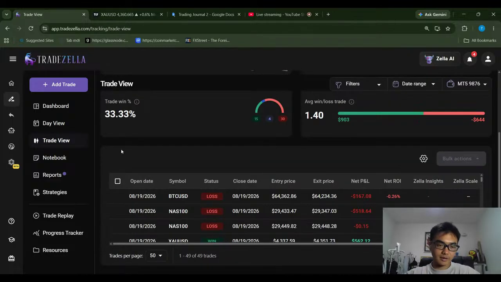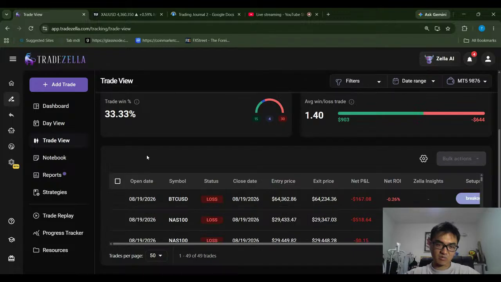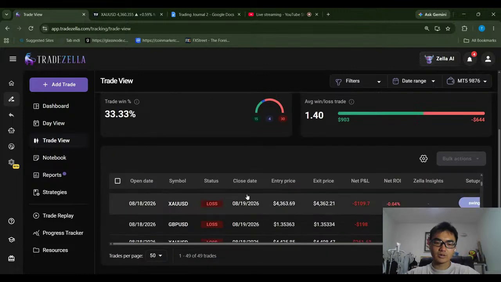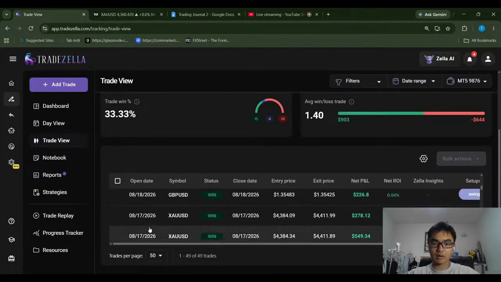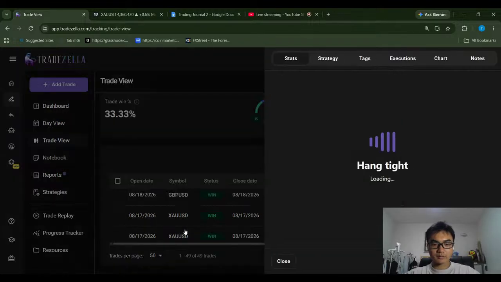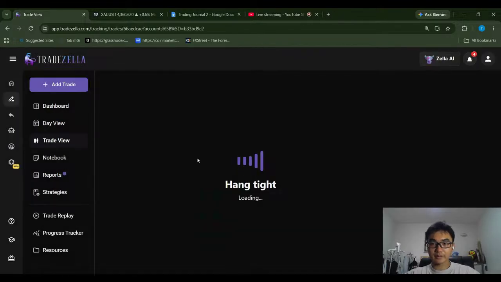Currently I'm down like five more trades, not a good one. So I will look at the trade around this level. I remember this from this trade.